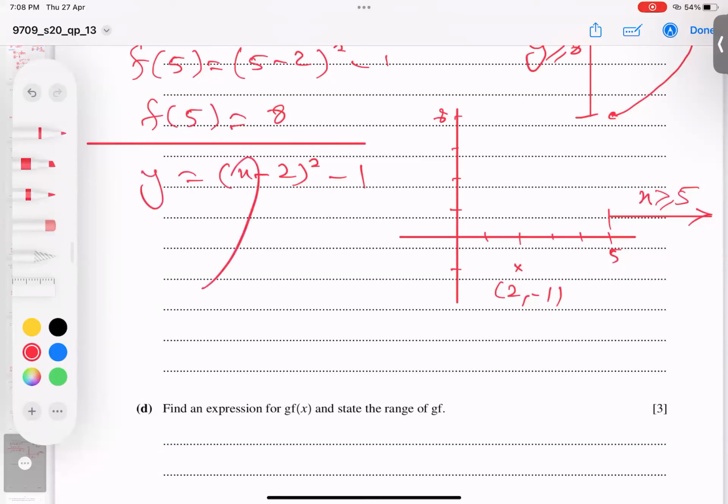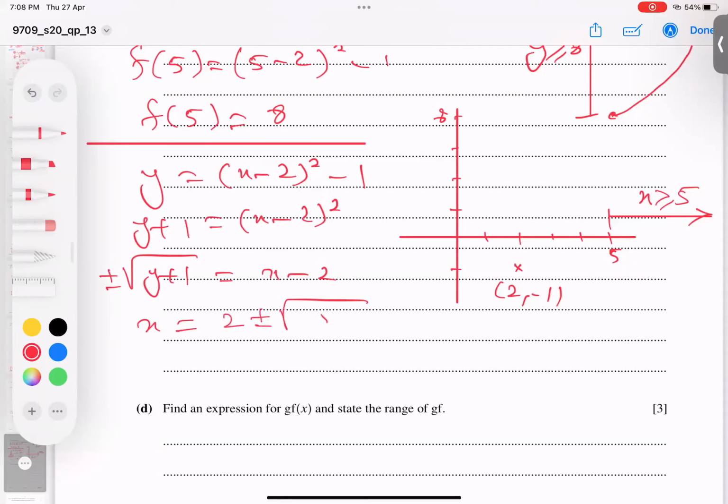Step number 2, try to make x the subject. This one will go add. Remove the power 2, so take the root. When I take the root, plus and minus will come naturally. So 2 will go there, add. So it will look like this, students. Interchange means x becomes y and y becomes x.